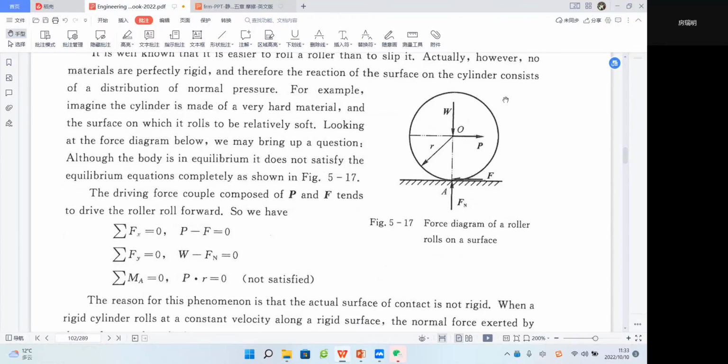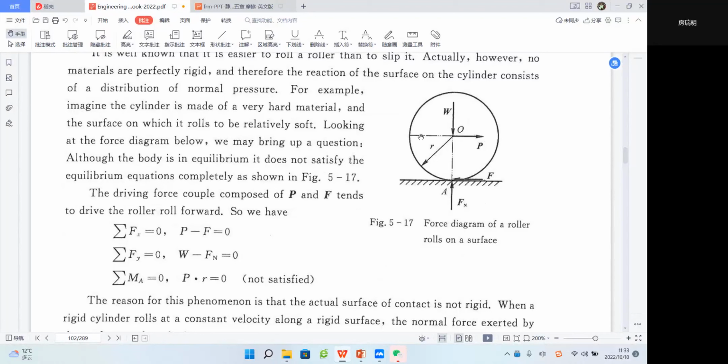Let's say we have a big cylinder resting on the ground. Along the vertical line, we have the support force Fn and the gravitational force W of this ball. These two forces keep balanced, so W equals Fn.